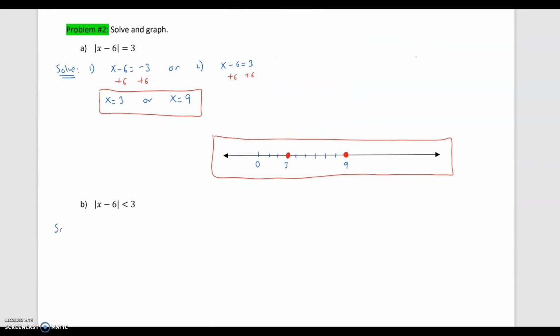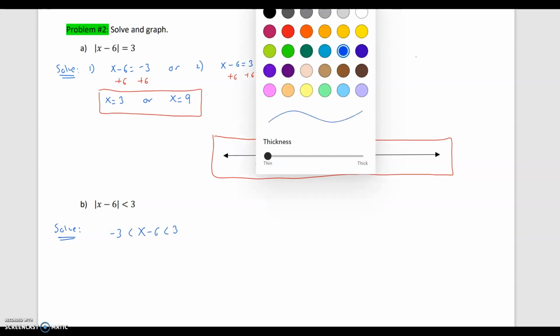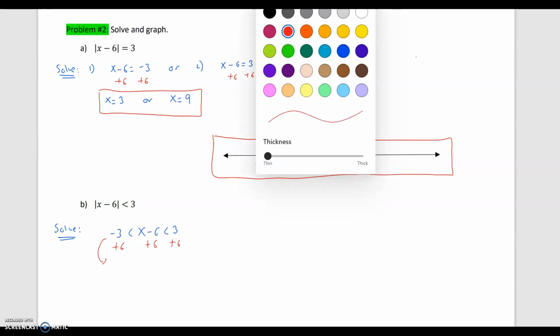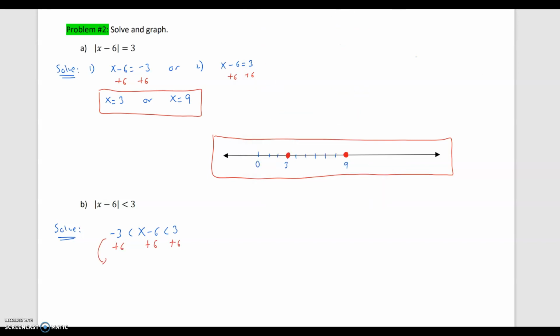In this case, it's still a less than, so x minus 6 is less than 3 and greater than -3. There's your negative P and your P. And for compound inequalities, whatever you do to the middle portion, you're going to do it to all three parts. So in this case, we end up with 3 less than x and x less than 9. That's going to be our solution.